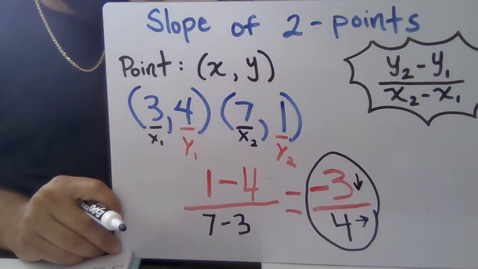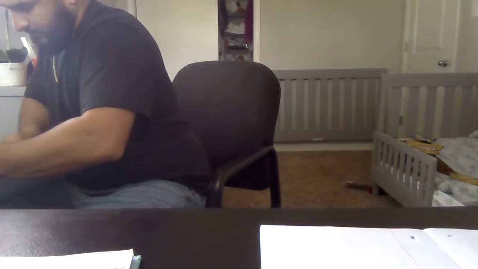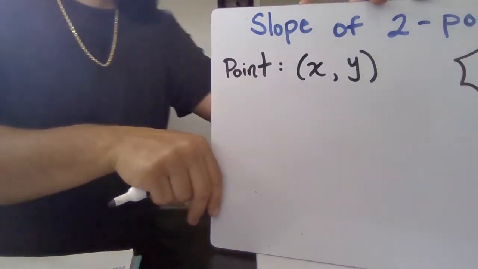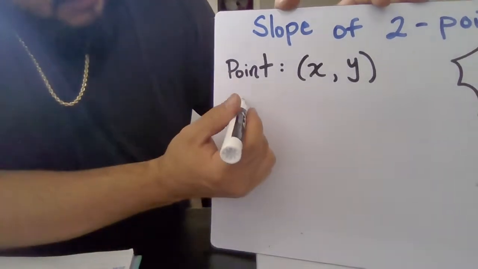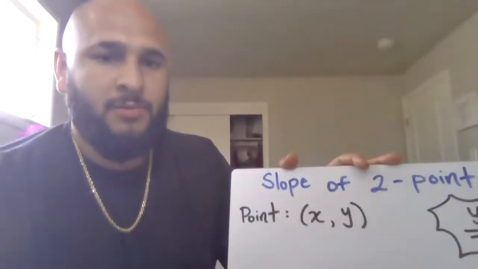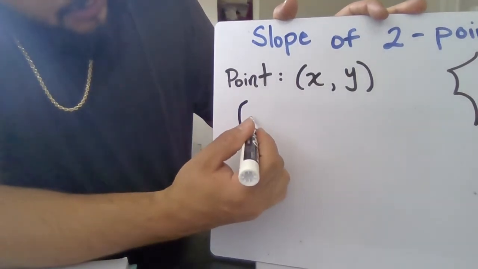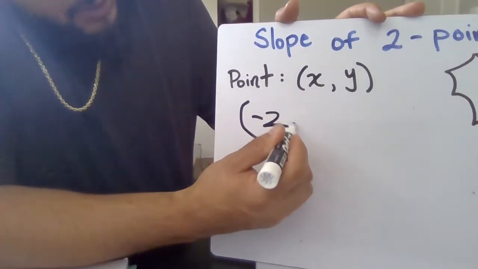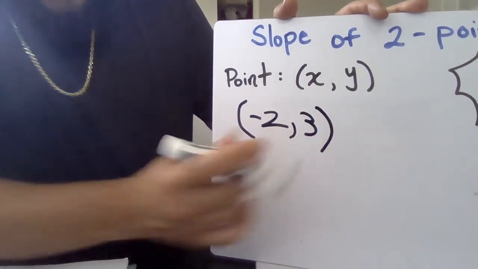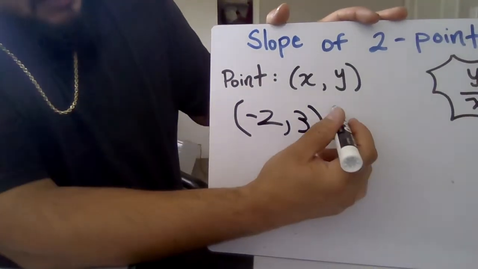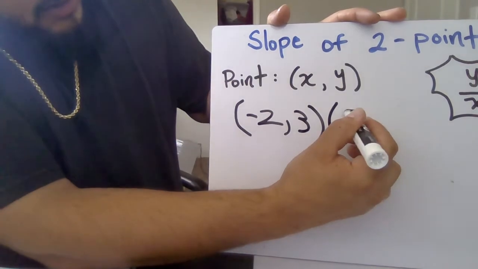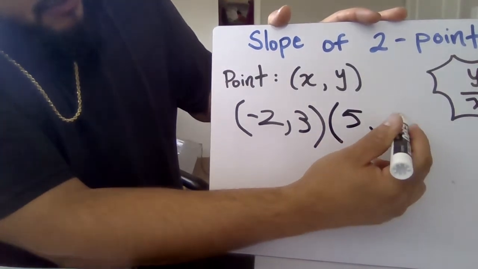Now let's do one with a negative in it so that we have both examples. Let's say we have the points. Let's just put -2 and 3 as our first point, and then our second point we'll put 5, -1.